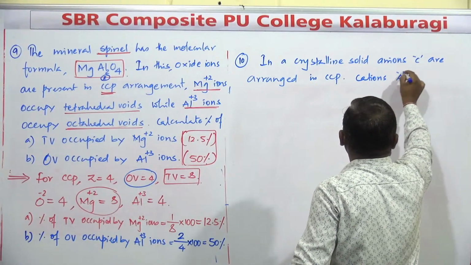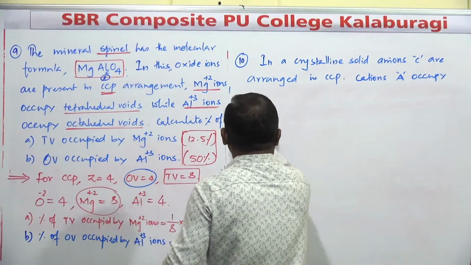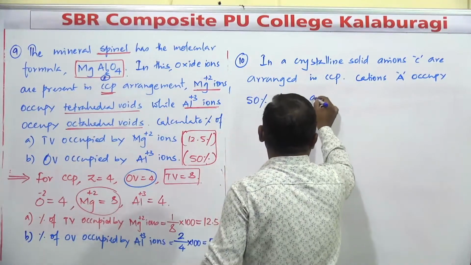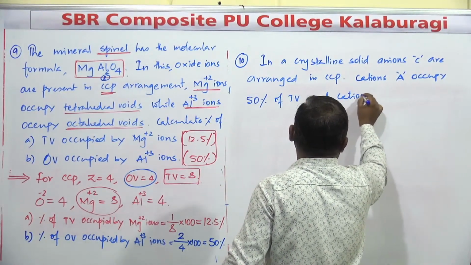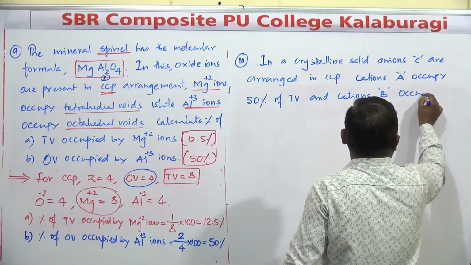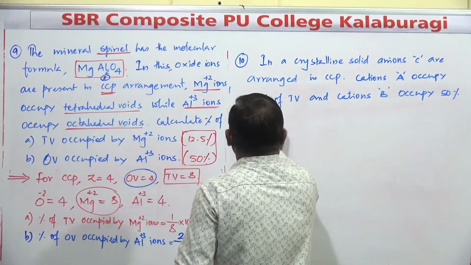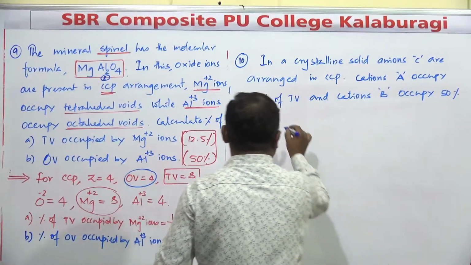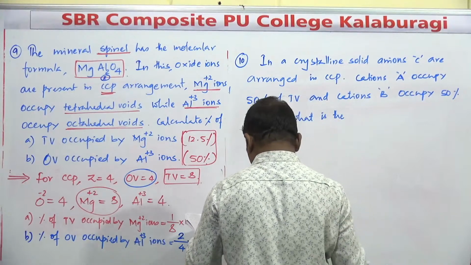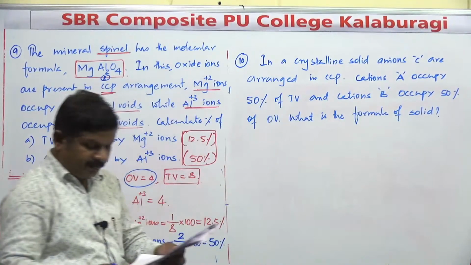Cations A occupy 50% of tetrahedral voids and cations B occupy 50% of octahedral voids. What is the formula of the solid? Simple problem.